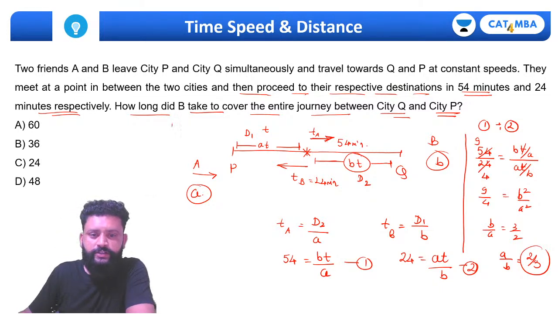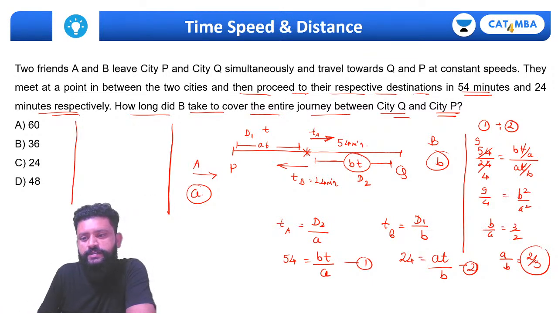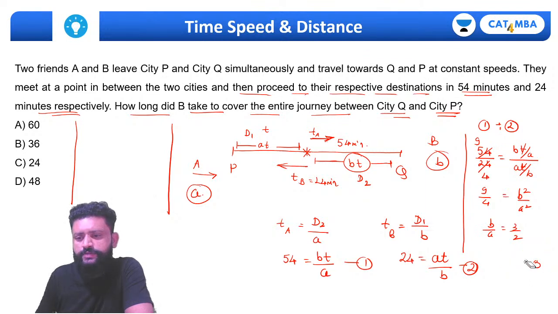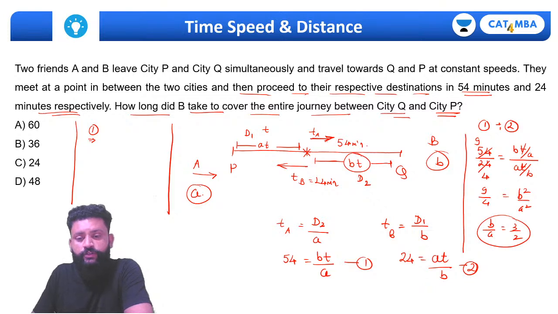Put this value in equation 1. B by A is 3 by 2, so if we put it in equation 1, that will give us 54 is equal to B by A into t.